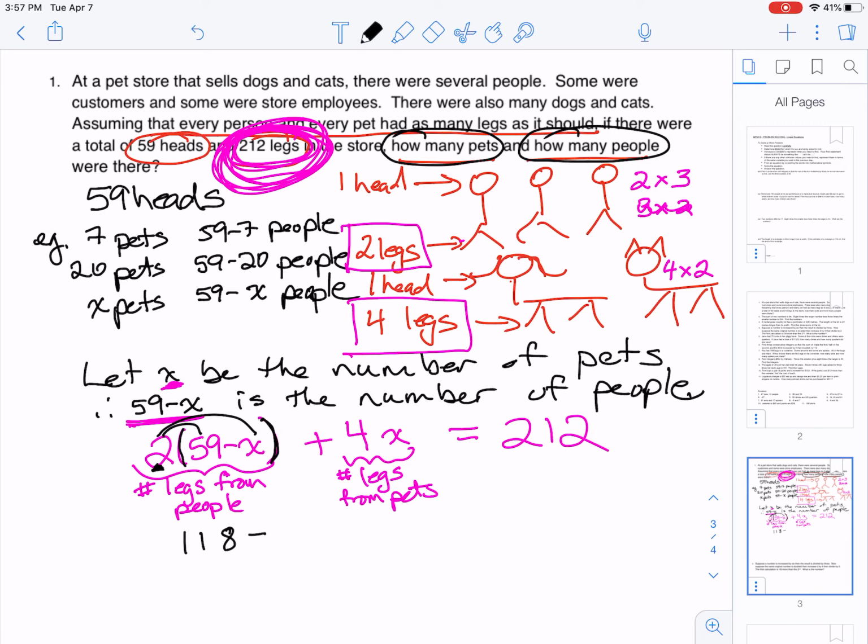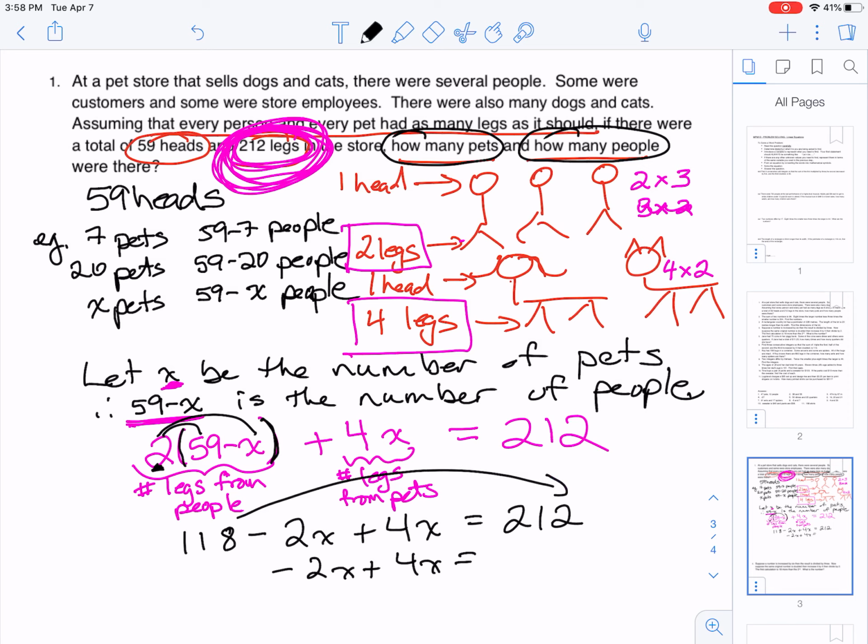So we have 118 minus 2x plus 4x, that equals 212. We leave our x's on the left, so that's minus 2x plus 4x, and then put the 118 over to the other side, so that's 212 minus 118.